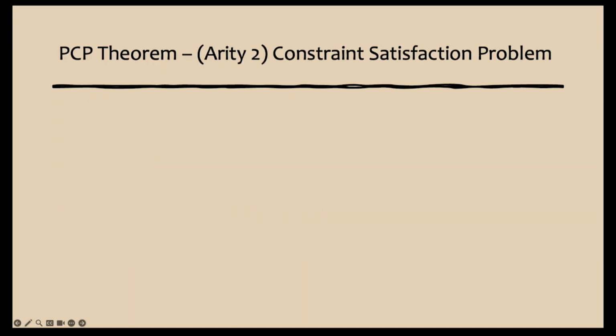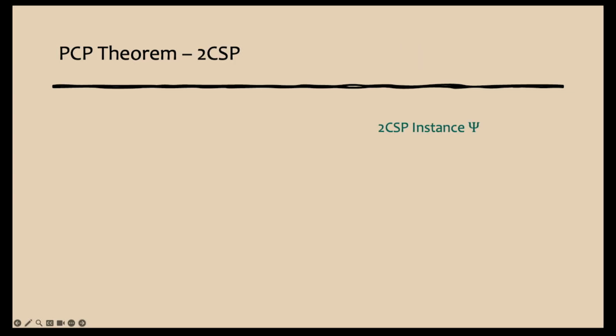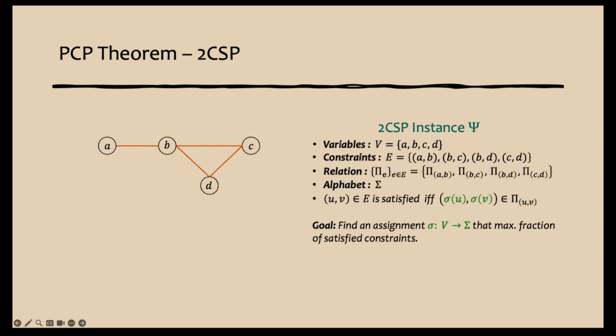If we want to learn the PCP theorem, we need to first introduce a constraint satisfaction problem. In particular, we focus on the arity 2 case, which we call 2CSP for short. In the 2CSP, imagine there is a graph. For example, the graph on the left side has 4 vertices, which we call variables. We also have 4 edges, which we call constraints. For every constraint, there is a relation assigned to it.